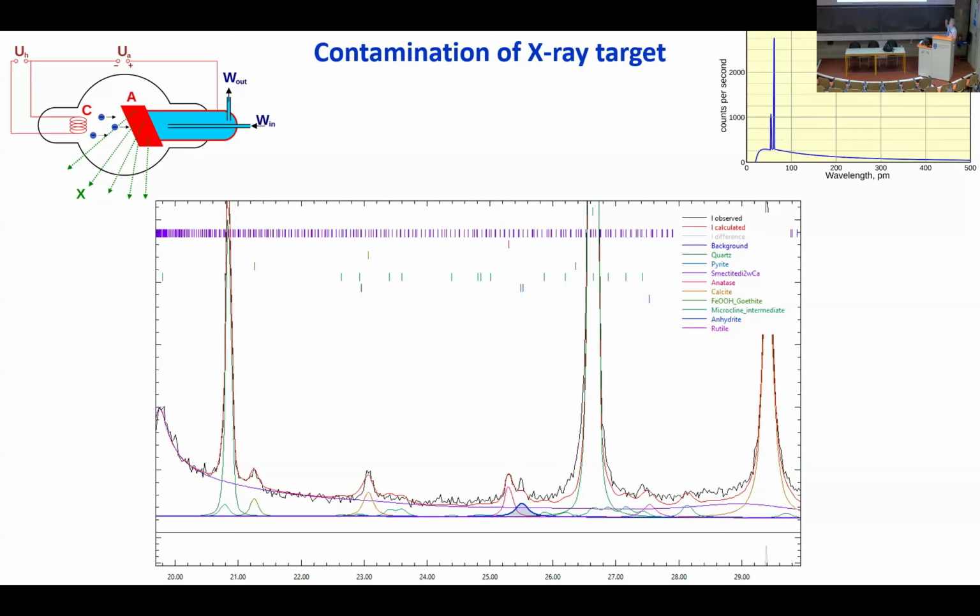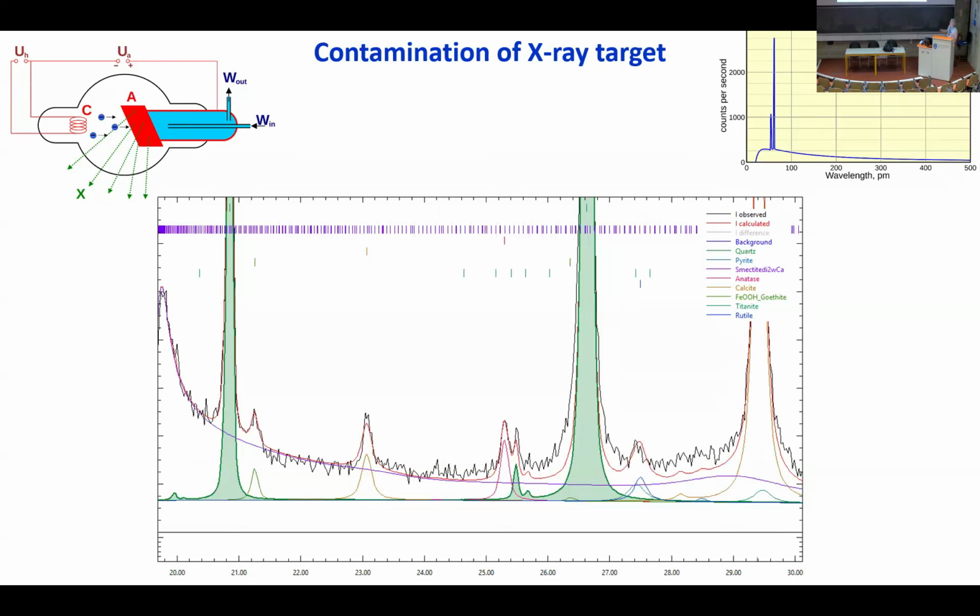But if you redo the exact same fit, accounting for this peak not as anhydrite, but as a tungsten emission line for quartz, with a 1% contribution from tungsten, you see that you are able to fit almost perfectly both the copper K alpha for quartz, the first line of quartz, and also the tungsten line for quartz.